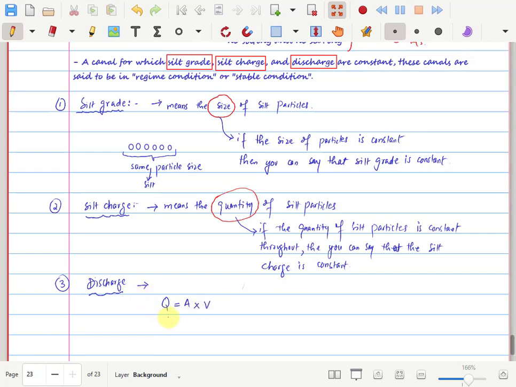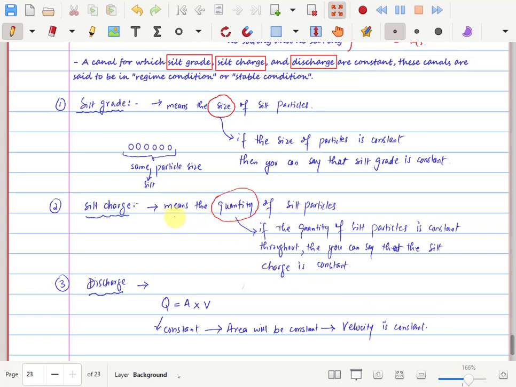So if your Q is constant, discharge is constant, that means that the cross-sectional area will be constant too. So if cross-sectional area is constant, that means that your velocity is going to be constant. Got it?